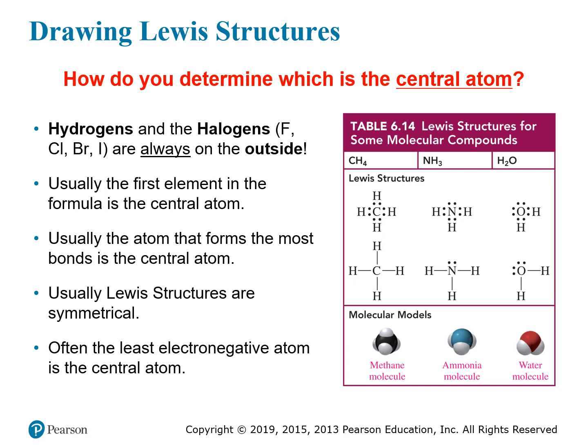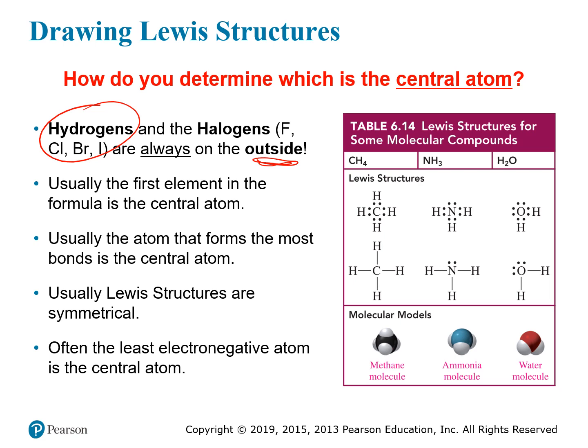It's almost always the case that the first element in the formula goes in the center. Okay? In fact, one of the only exceptions to that is just some formulas begin with hydrogen. Okay? So you'll have certain acids or things like that that begin with hydrogen atoms, but we already know that hydrogen can't be in the center. It's got to be on the outside. So if it begins with hydrogen, just look for the next element after the hydrogen, and that is going to be the central atom.